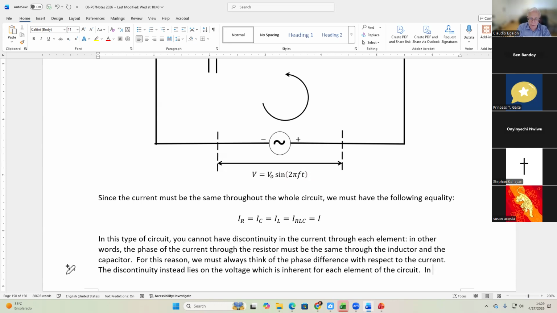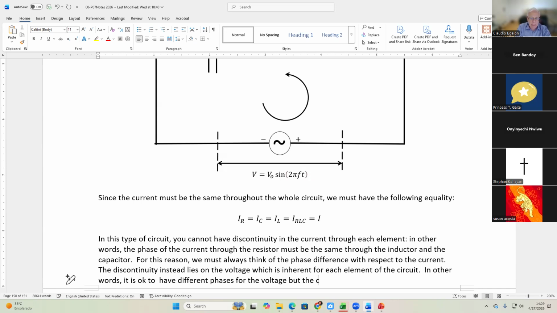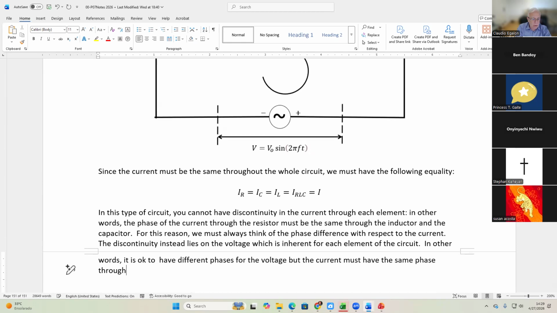In other words, it is okay to have different phases for the voltage, but the current must have the same phase throughout every element in the circuit. Okay?